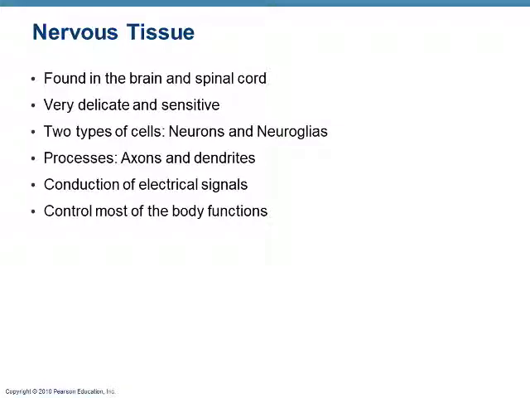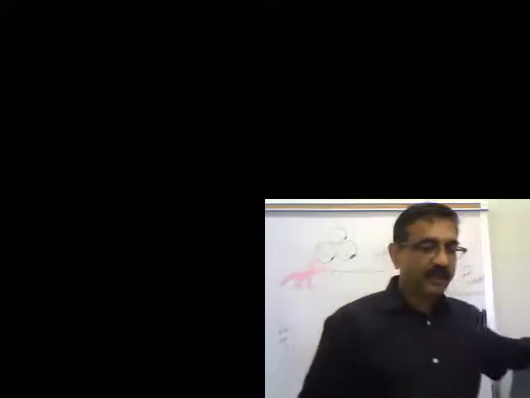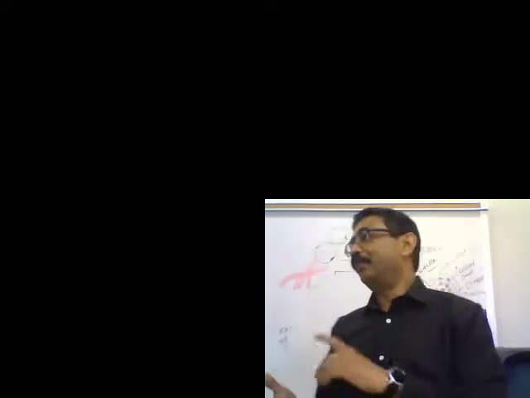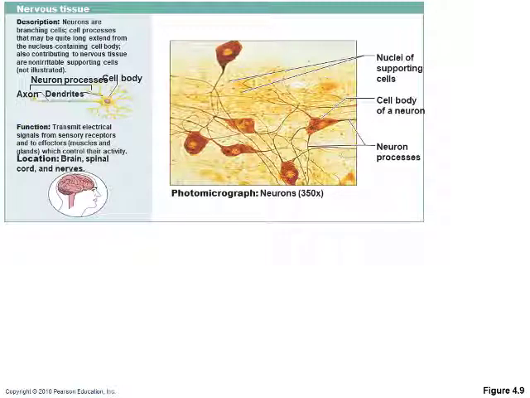Nervous tissue. Nervous tissue forms the nervous system. That means found in the brain, spinal cord and nerves that I mentioned before. Nervous tissue is highly sensitive and very delicate. You know that, right? The brain or spinal cord, highly sensitive and delicate.